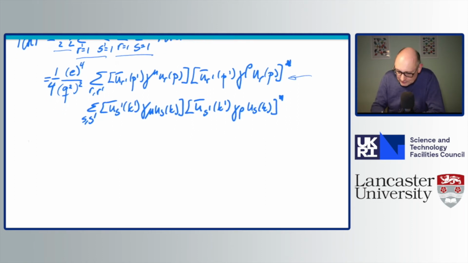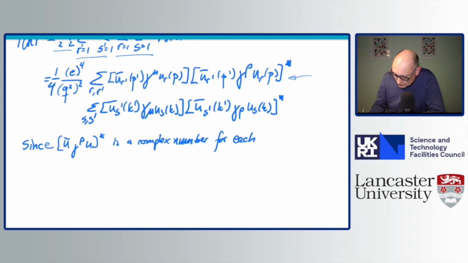Now, since the construct u bar gamma rho u, and let's take this star, is a spinor number, so for each choice of row, this is just a complex number in spinor space, then its complex conjugate is also the Hermitian conjugate, right?